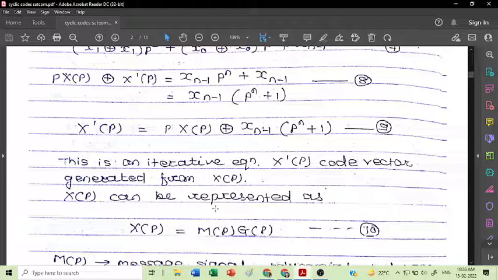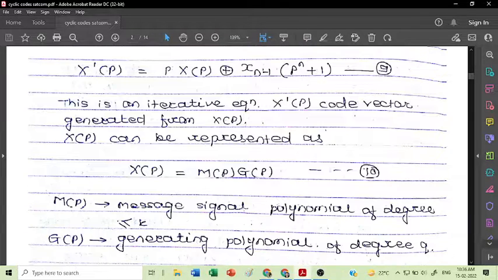Now x of p can be represented as x of p is equal to m of p into g of p. Where m of p is the message signal polynomial of degree less than or equal to k, and g of p is the generating polynomial of degree q.